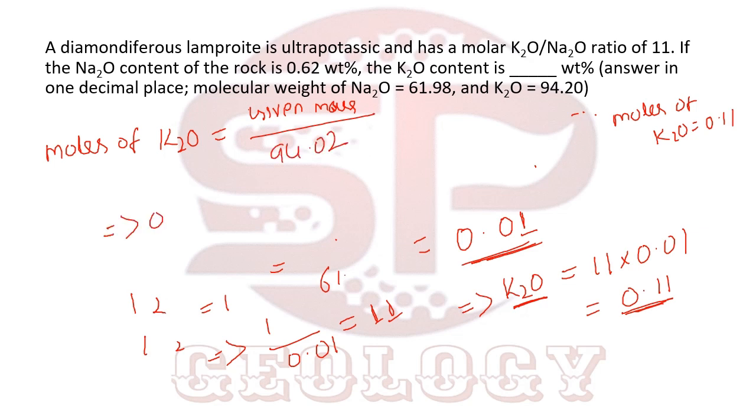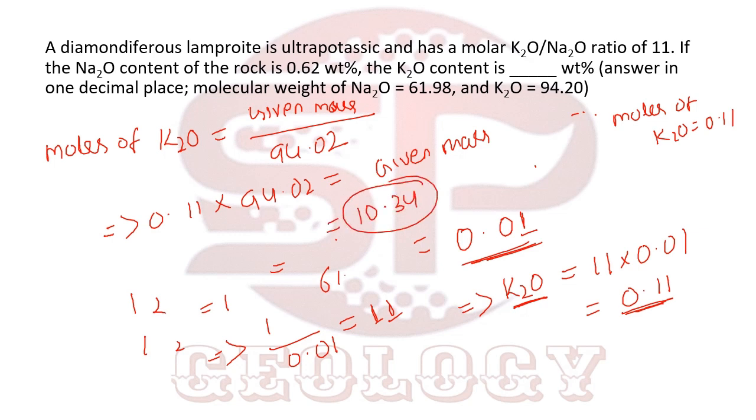Moles is 0.11, so 0.11 into 94.02 will be your weight percentage or given mass. It will be 10.34. The answer will be 10.34.